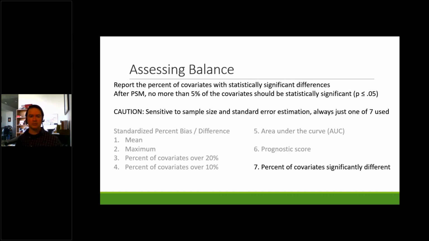But you really need to observe this with caution, as the null hypothesis significance test is sensitive to the sample size and standard error estimation. That standard error estimation in particular, after you've estimated the propensity score, is potentially volatile. Hence it is one of 7 metrics used here. And if you're using logistic regression, if you can use some form of bootstrapping to help with standard errors, that's going to help minimize the concern that you might have.